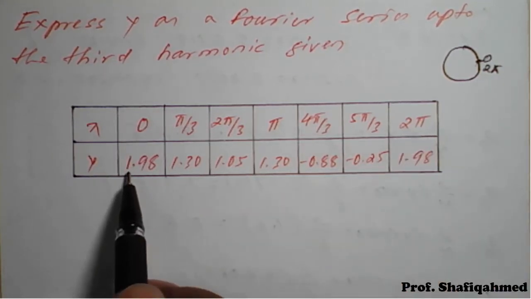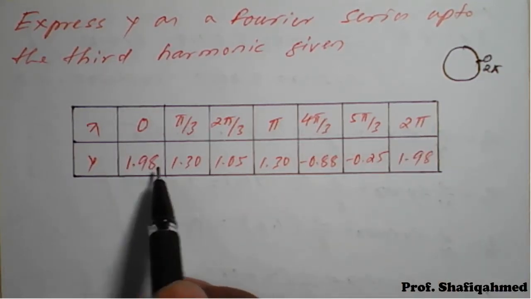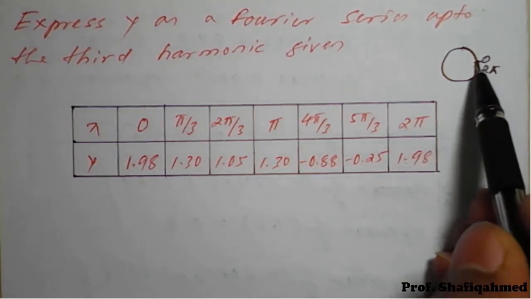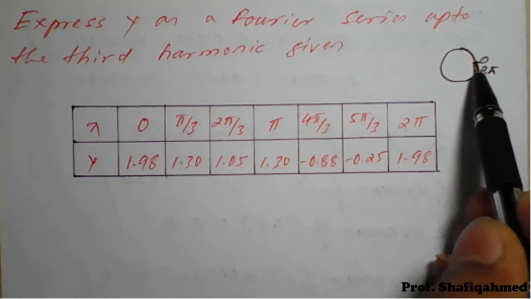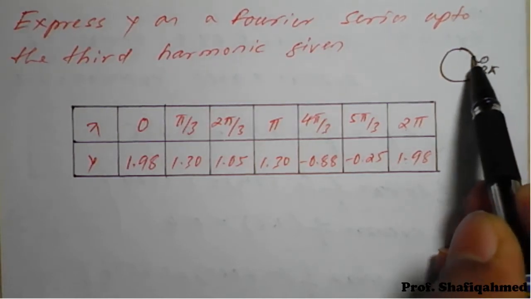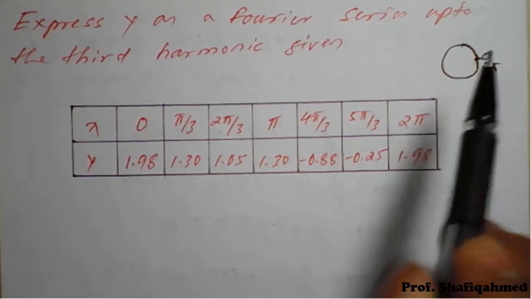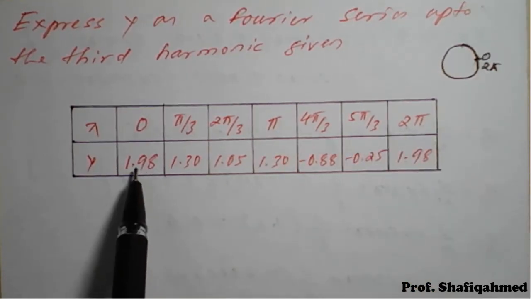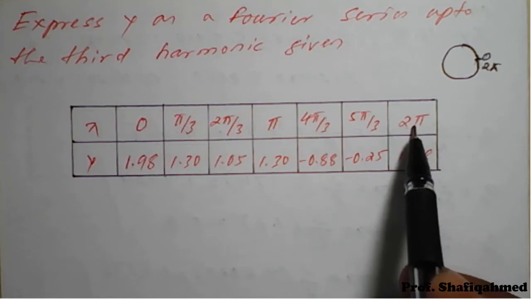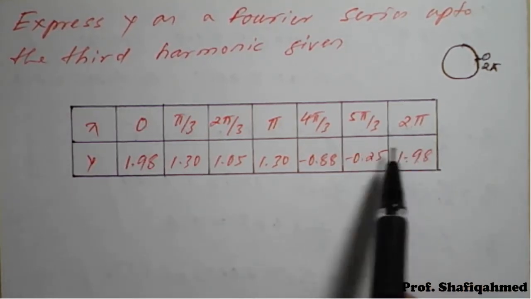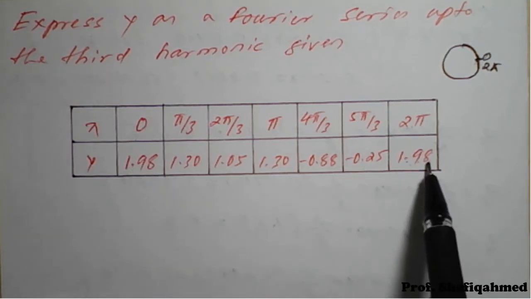You can observe it is 1.98 for 0 as well as for 2 pi, because 2 pi and 0 merge at a common point so that we can complete a circle. The value at 0 and the value at 2 pi will always be the same. As per this data, it is 1.98 and 1.98.